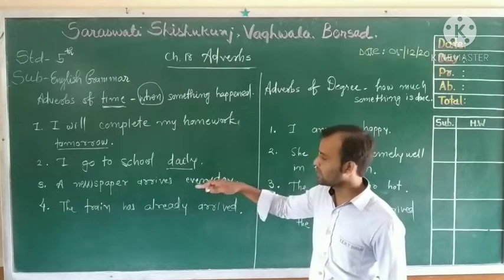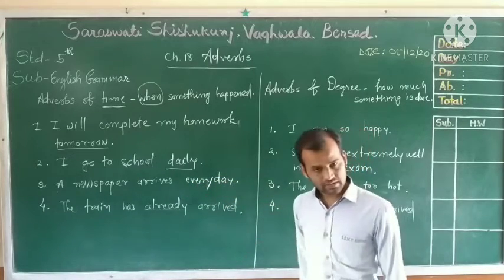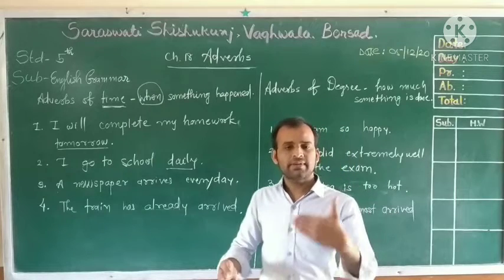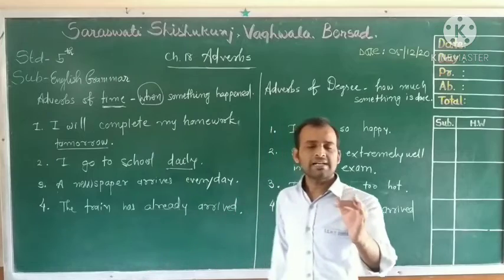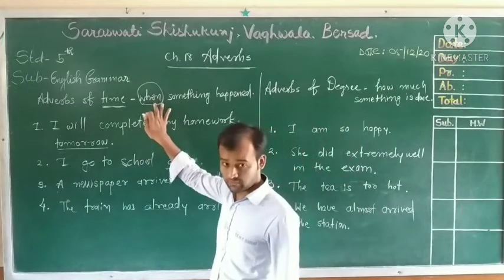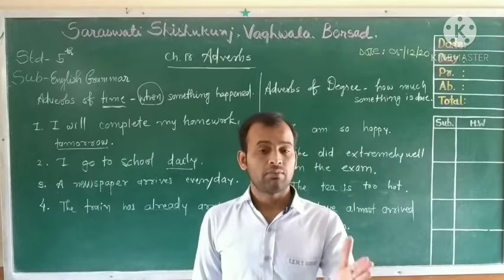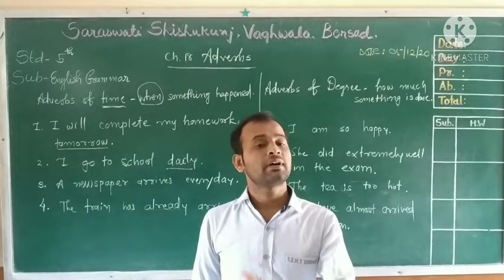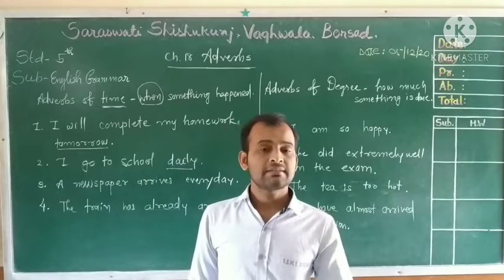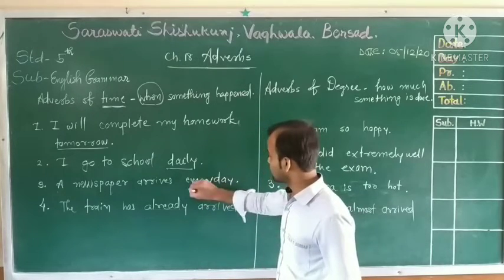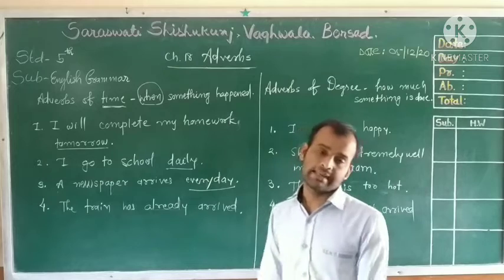So students, if you want to identify adverbs of time, ask the question by when. When does a newspaper arrive? What is the answer? A newspaper arrives every day. So every day is called adverb.